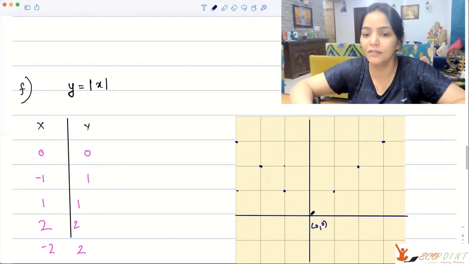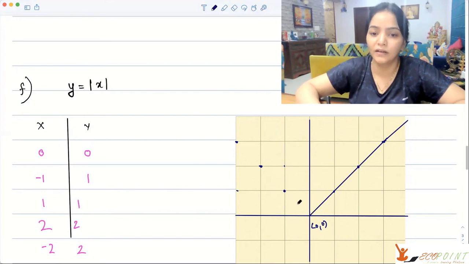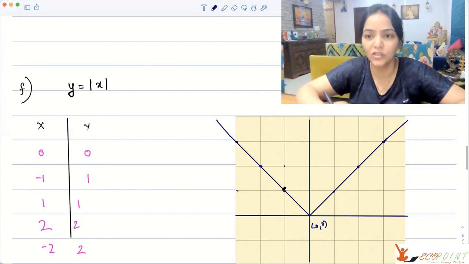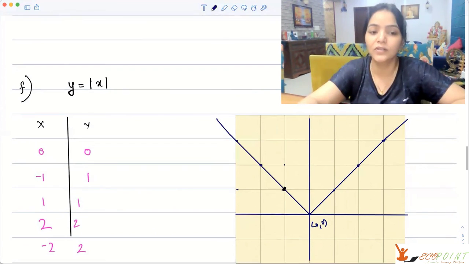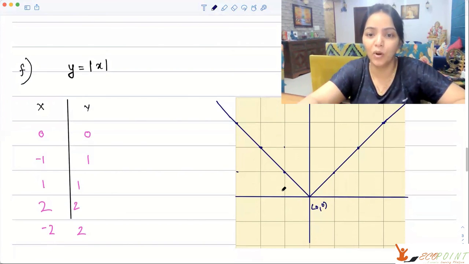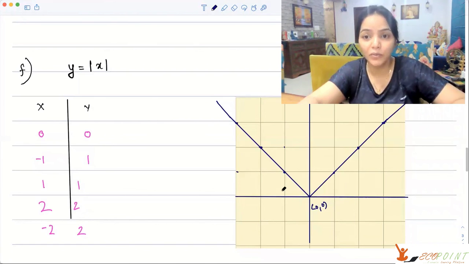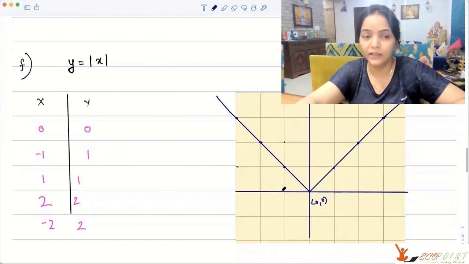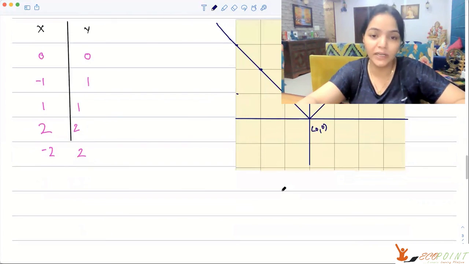So it's a linear graph, not sort of, it is linear, because the increment is such. So this is the graph for mod x, which looks like x square, but in x square the moment you're squaring, you will have that curvature in the graph. So that's how it will be different.